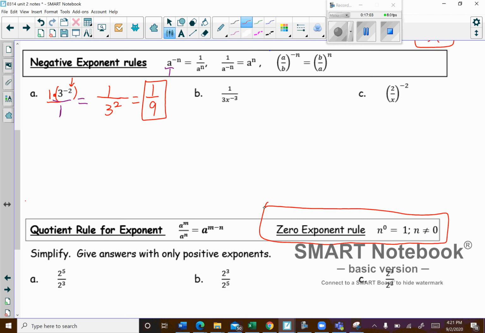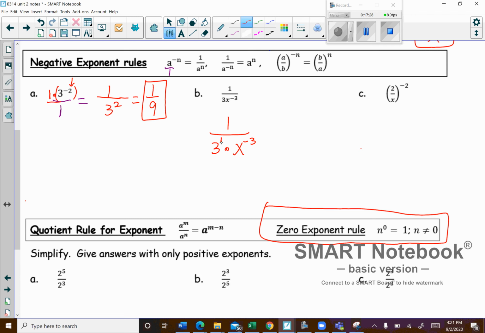Okay, our next problem. A lot of times students will say, oh, the answer is 3x to the power of 3. That's a very common misconception on this problem, but that is not correct. What you have to realize here on part B is that 3 is not actually attached to the x to the negative 3 power. They're not attached to each other.